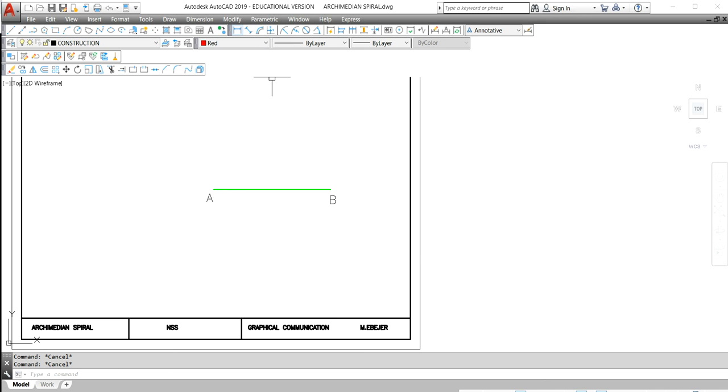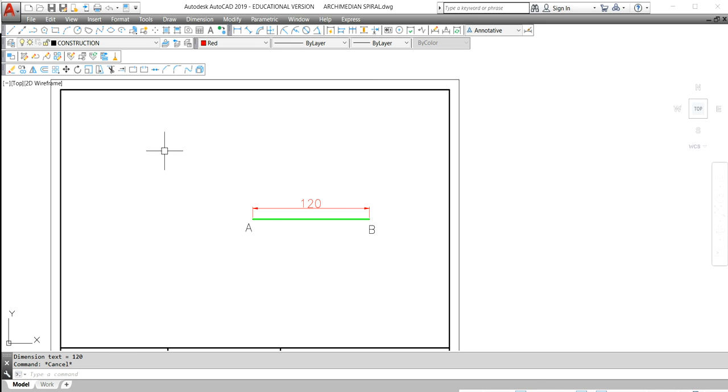Line AB, we're going to do it 120 millimeter. Okay, so find the midpoint of the A3 paper and draw a horizontal line, construction line 120 millimeter, and label it AB. Okay, that is going to be the profile covered by the given point.